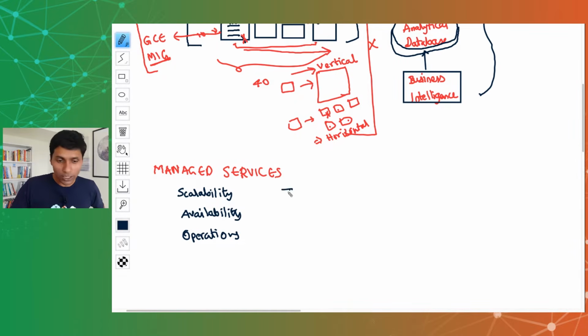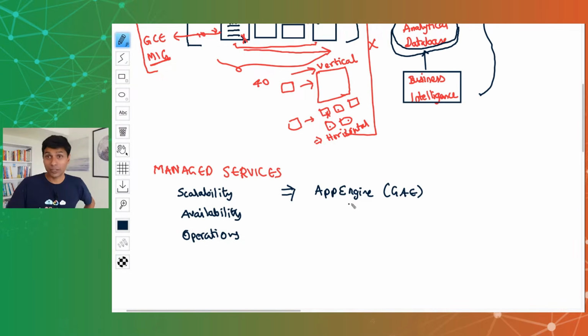And in Google Cloud, the basic managed service for compute is called App Engine, Google App Engine. This is also called GAE. So Google App Engine is a managed service. All that you need to provide as an input to App Engine is your code and the configuration.